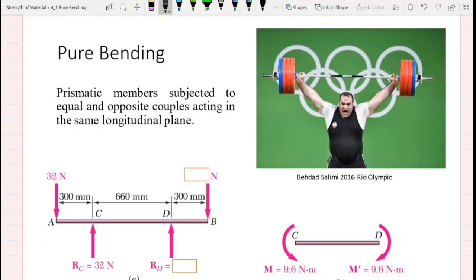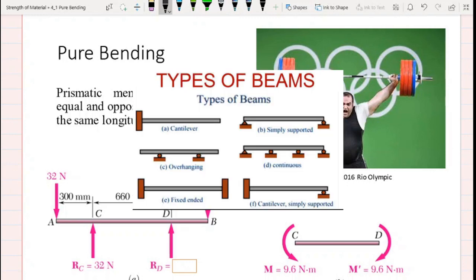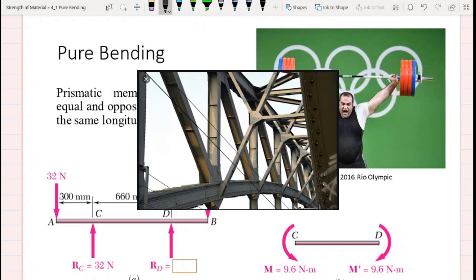For introduction, this chapter and the followings are going to analyze the stresses and strains in prismatic members subjected to bending. Bending is a major concept used in the design of many machine and structural components such as beams and girders.